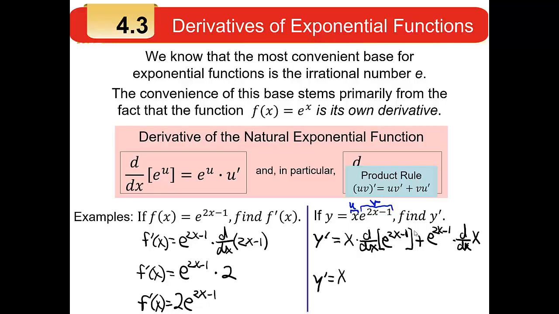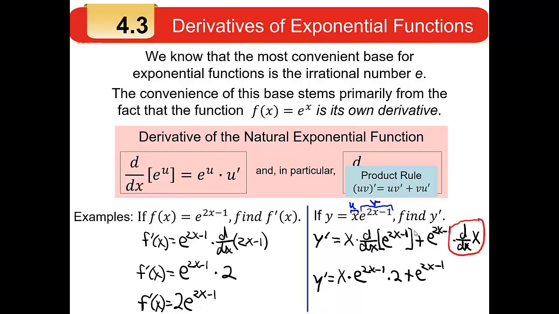Going back now, you can see as you start, you've got x times the derivative of e to the 2x minus 1. Well, when you get to the derivative of e to the 2x minus 1, you've got to use the rule on the left for derivatives of exponentials. The derivative formula for exponentials says you take the exponential written down as it is, multiplied by the derivative of the exponent, plus, then you've got e to the 2x minus 1 multiplied by the derivative of x.